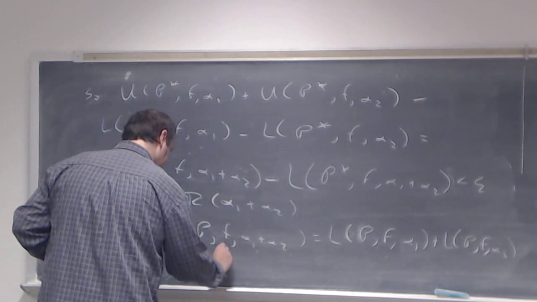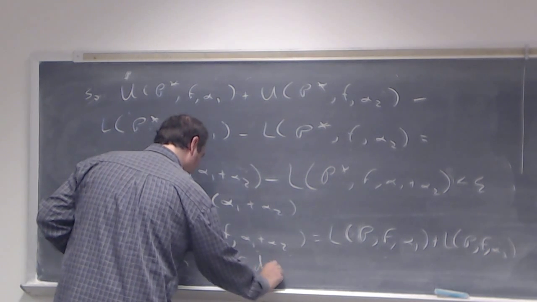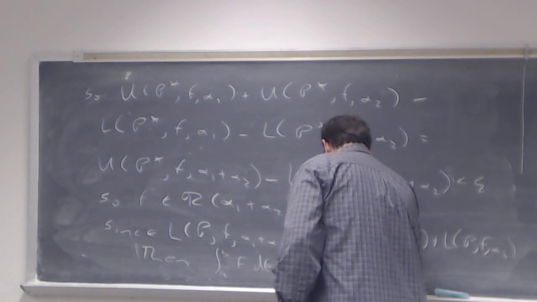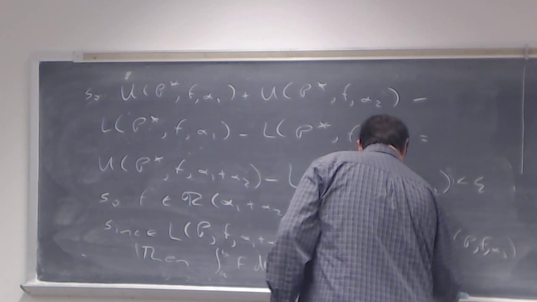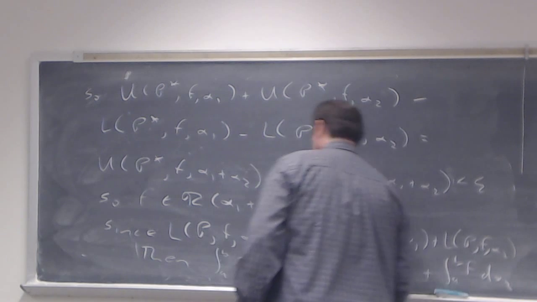I'm sorry, I said the wrong thing. And so that means the integral from a to b of f d(alpha sub 1 plus alpha sub 2) is going to be less than or equal to the integral from a to b of f d alpha sub 1 plus the integral from a to b of f d alpha sub 2.